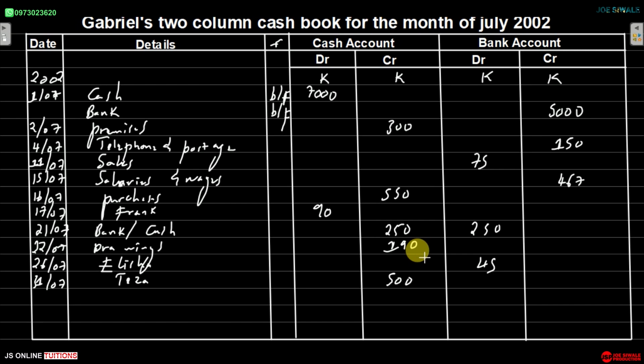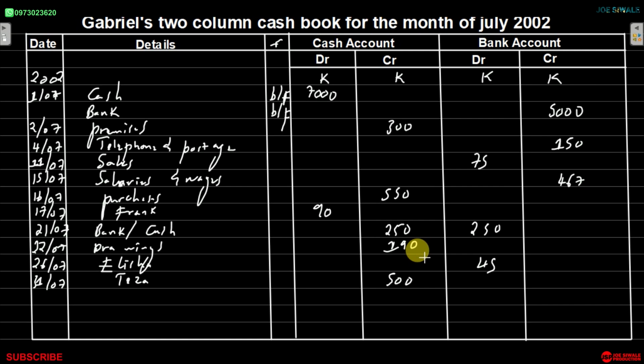So the next thing that we're going to do is to add the debit side and the credit side of the cash account, and we're going to record on the totals the larger amount. So we're going to add 7,000 plus 90 on the debit side, and we are getting 7,090.